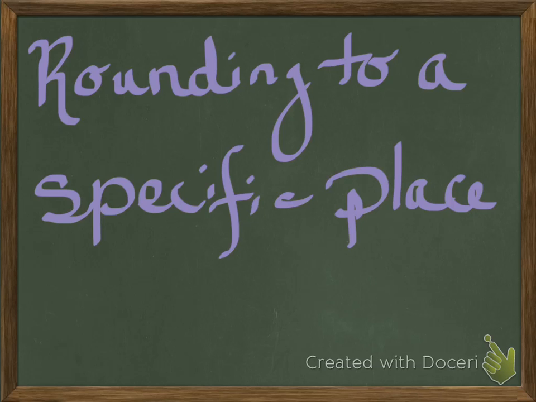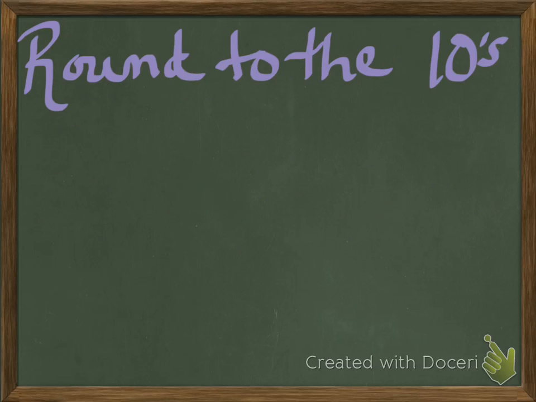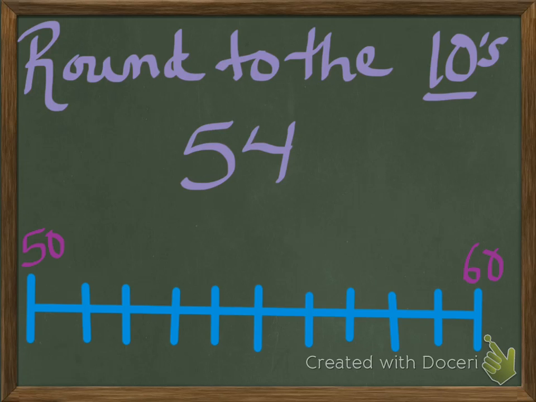Okay, there are many different ways to round, but first let's go ahead and talk about rounding to a specific place. For example, if we were to round 54 to the tens column, what that really is saying, if you were to look at a number line and break it down by the tens, which tens would 54 be closest to?